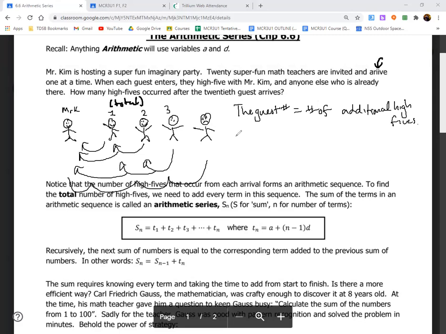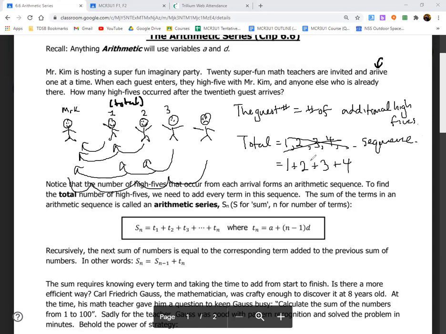So if we were talking about the total, it's not 1 and then 2 high fives and then 3 and then 4 high fives. As Josh was saying, I'm not counting just the high fives, I'm counting the total. So first one is a 1, right? If there's 2 people, then I have to add a 2. If there's 3 people, it's 1 plus 2, and then I add the third one because there's 3 more high fives. And this is 4 high fives. So it's not this. This would be a sequence.